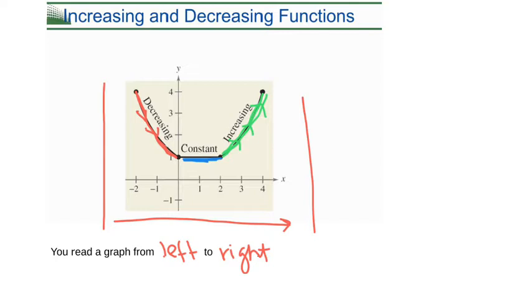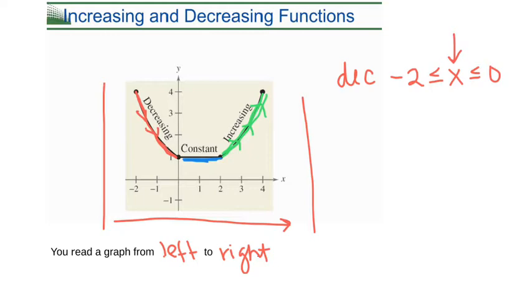So we would say that this graph is decreasing from -2 to 0, because we're reading from left to right, we're using x's and not y's.